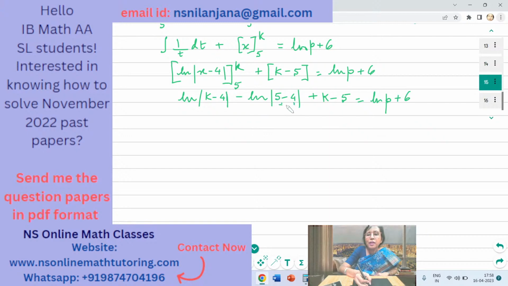And 5 minus 4 is equal to 1 and ln of 1 is equal to 0. So this part is equal to 0.